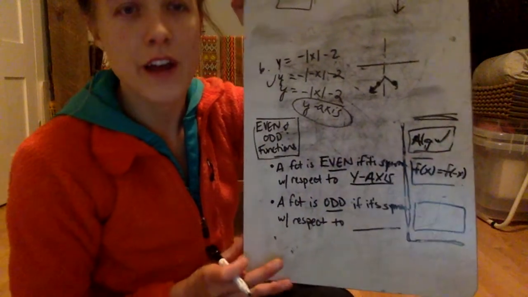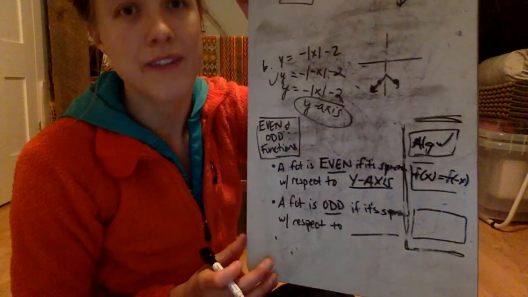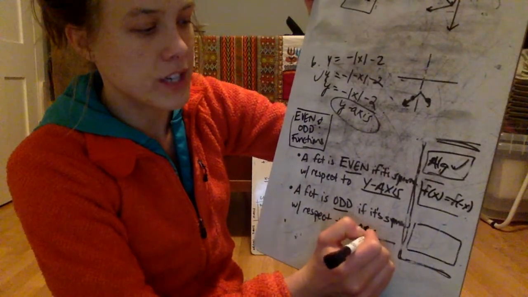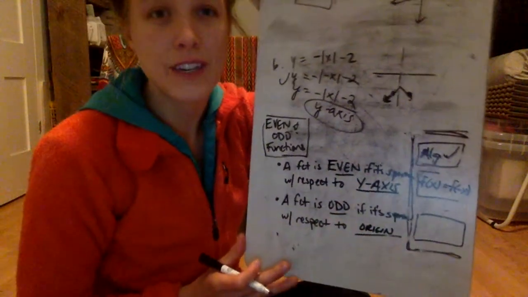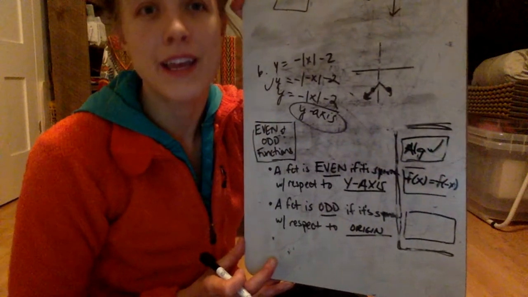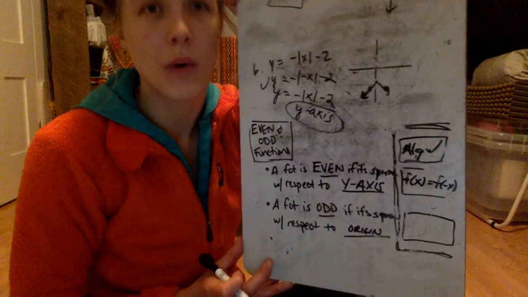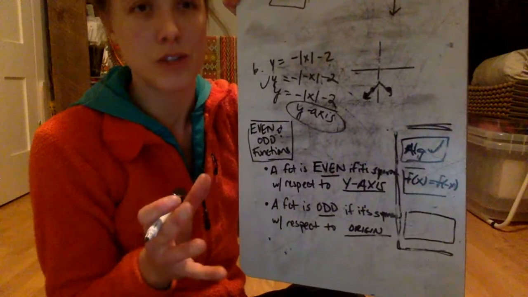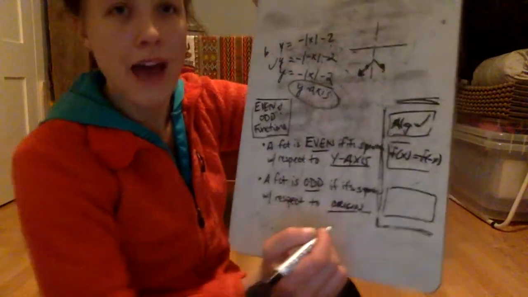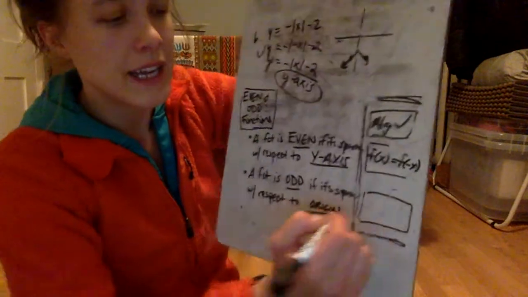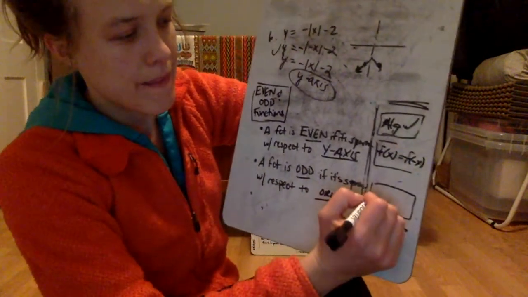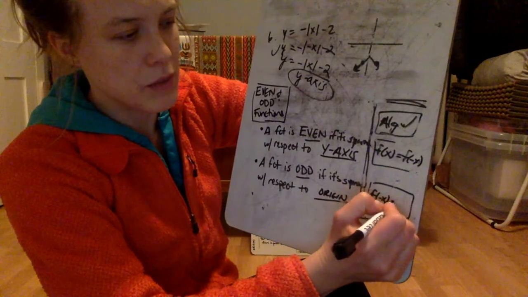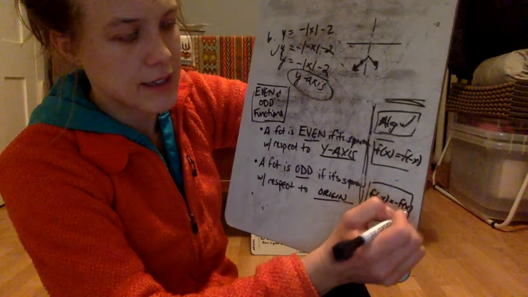A function is odd if it's symmetrical with respect to the origin. This is origin symmetry or point symmetry, and how I would check for that algebraically is I would write f of negative x equals negative f of x.